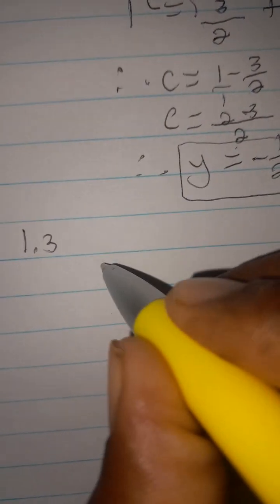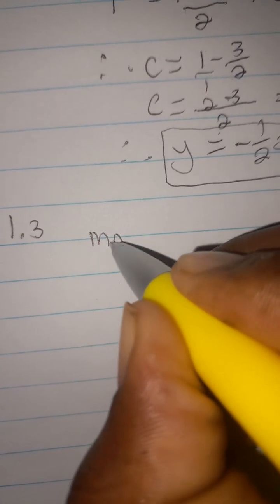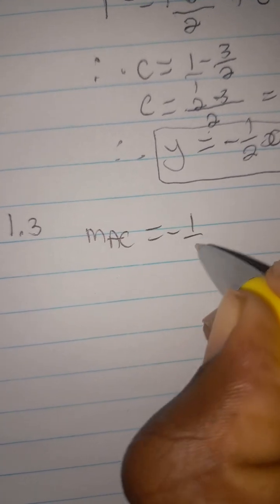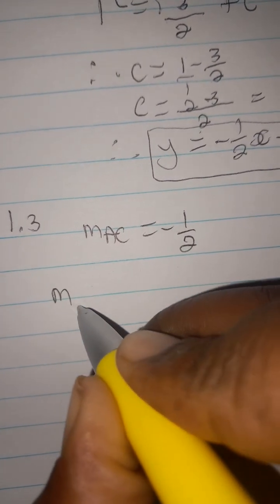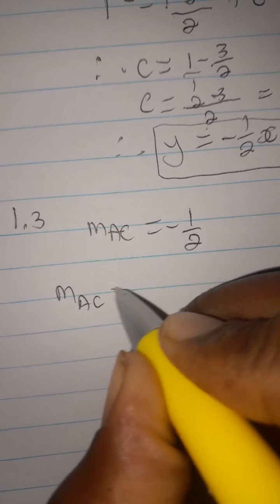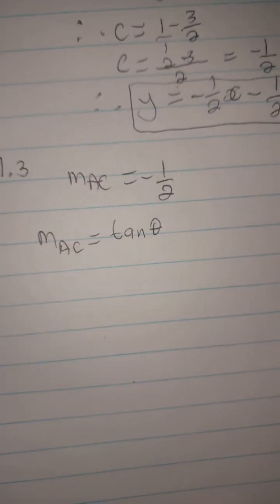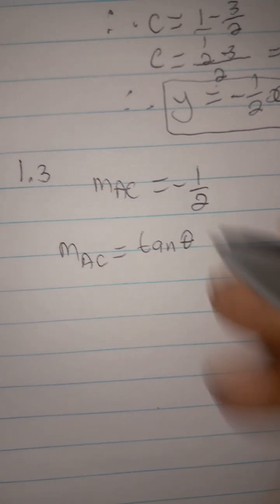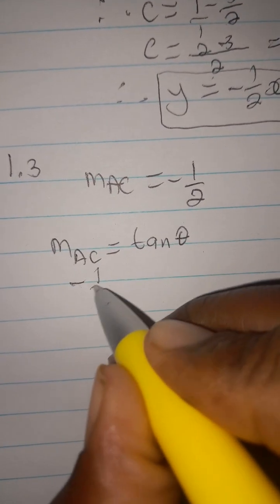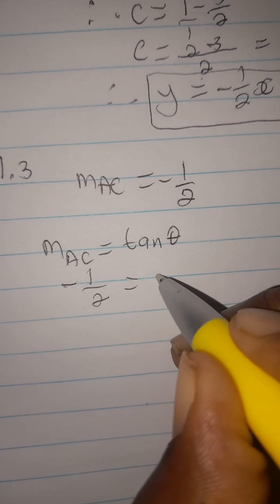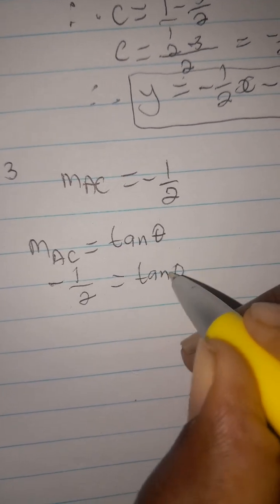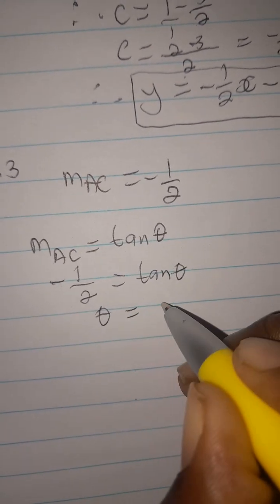In this case, the gradient of AC was given as negative half. So we have the gradient of AC equals tan theta. Remember, our aim is to find theta, which is the angle of inclination. Then put negative half as the gradient of AC, then make theta the subject.